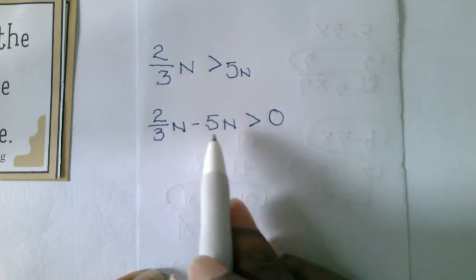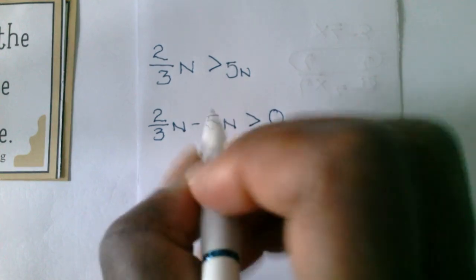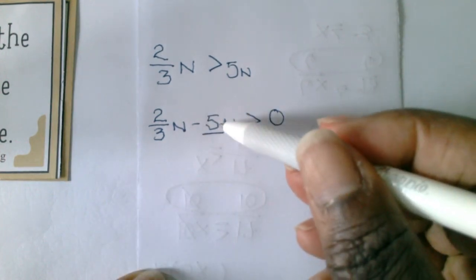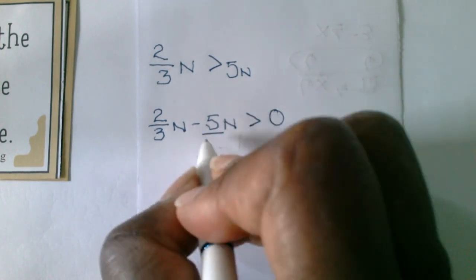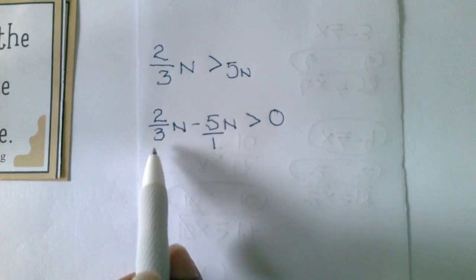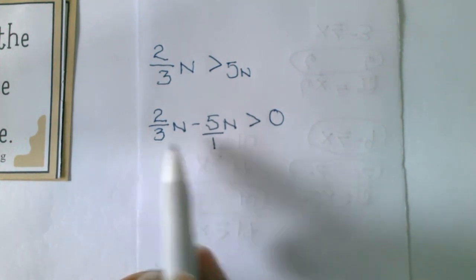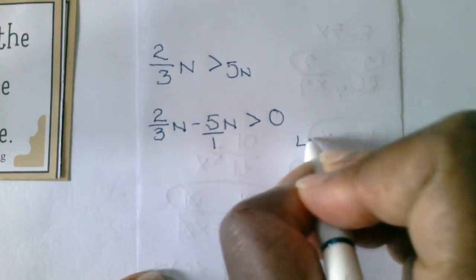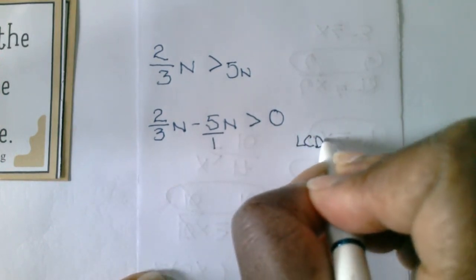Excellent. So we need to change this whole number to a fraction, and how we can do it without devaluing the 5, we put it over 1. So now we need our common denominator, the LCD.